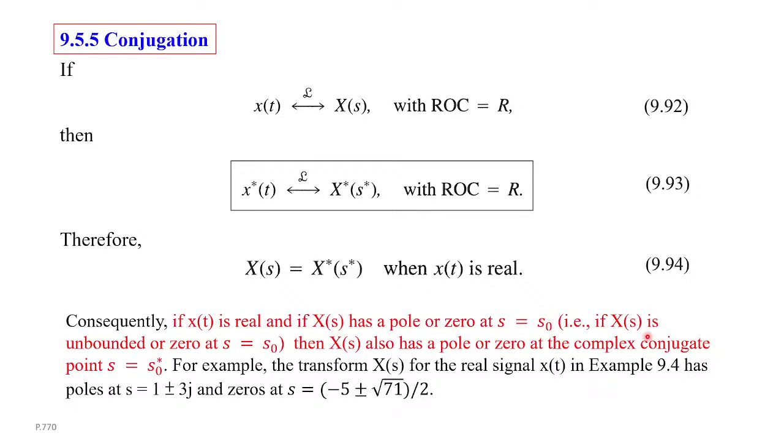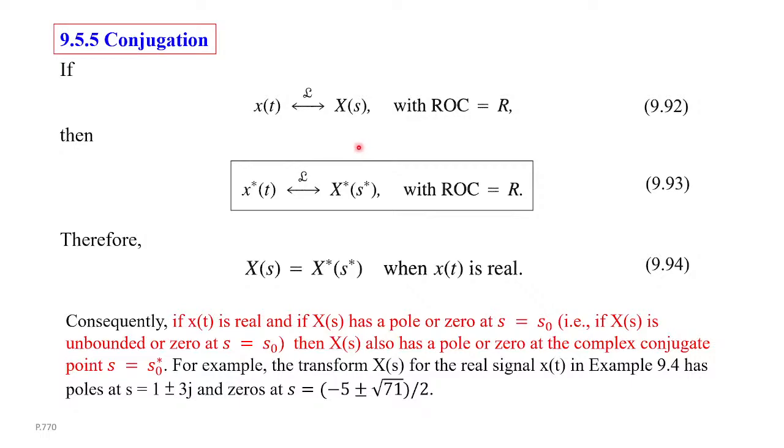No. Then let's do conjugation, which is still quite similar. If you do conjugation on x, you get conjugation in big X. Before, we had that conjugation gives a negation in frequency. Now we think about s: that means a negative sign on the imaginary part of s, so that's conjugation on s.